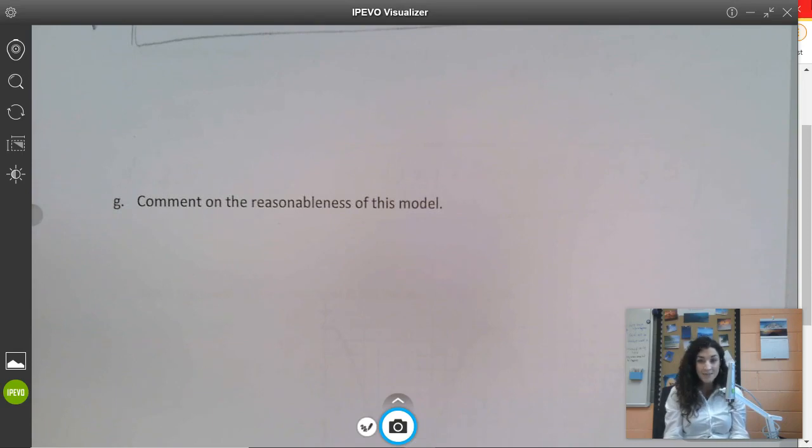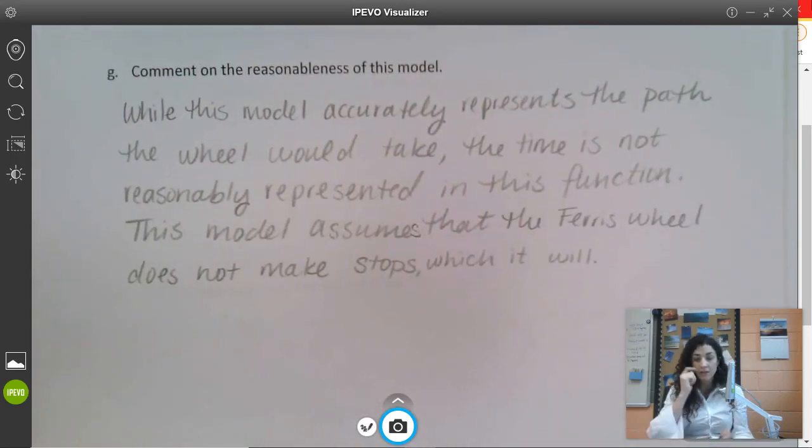So this is what I wrote for the reasonableness of this model. It talks about this being the general shape of what happens when we go around a wheel, but we have not taken into consideration the realistic aspect of the time on Ferris wheels. And so that's what you would need to talk about in order to get this final point.